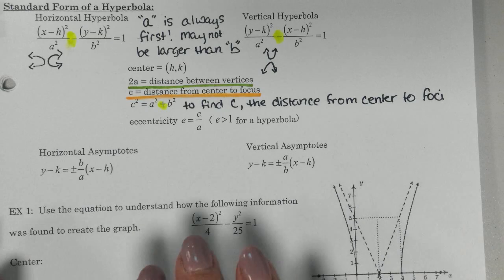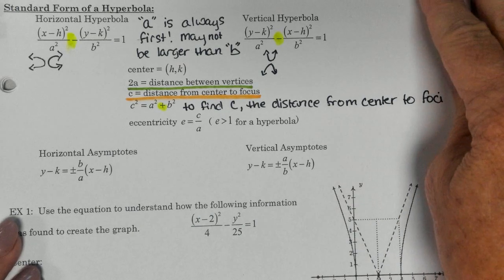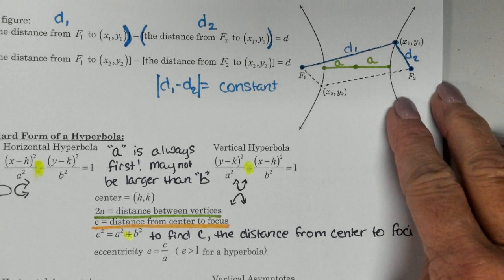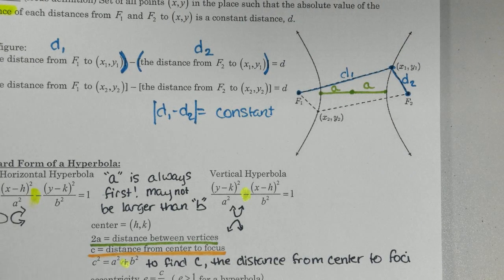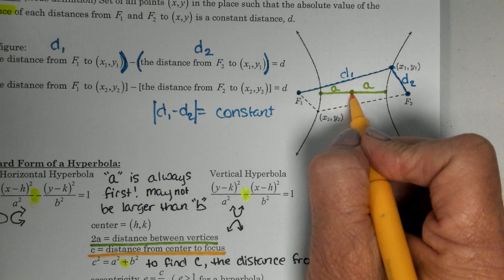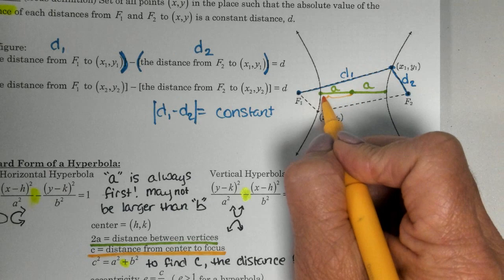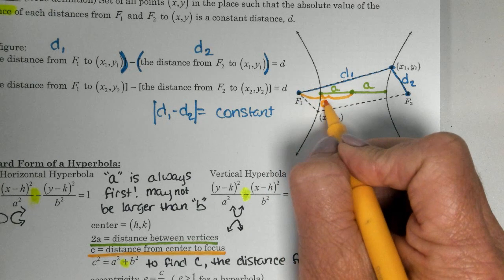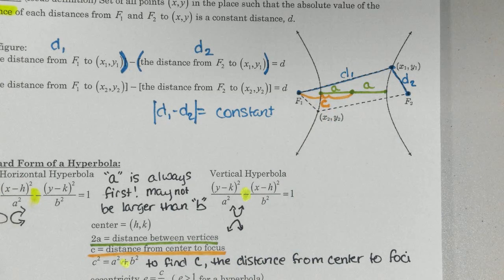So if I go back up here and look at this picture, C is going to be from here to here. That is C. From the center to the foci on either side.